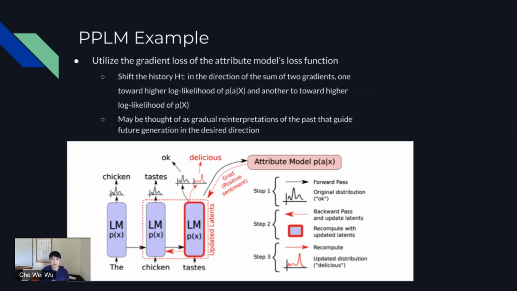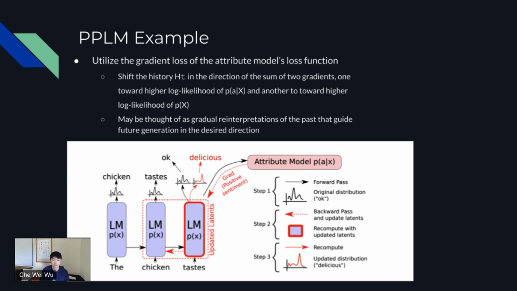For example, in sentiment text generation, the attribute model might just be a classifier with two classes, positive and negative. The gradient loss of the attribute model basically tells how positive or negative an input is. The proposed way is to utilize this information and shift the distribution toward p(a|x) and p(x). And it can be thought of as a gradual reinterpretation of the pre-trained language model outputs that will influence future generations.